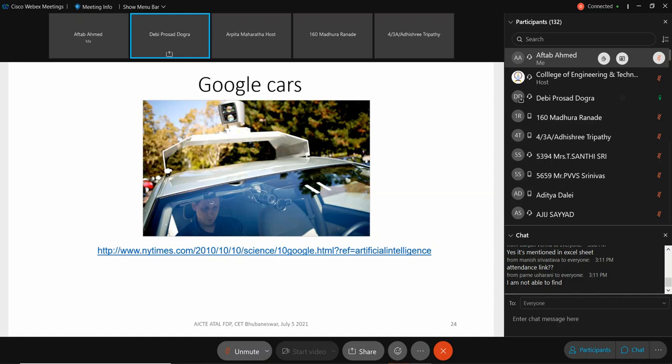Not only Google, Tesla also came, and many other car manufacturing companies are coming with good solutions, but no one is able to claim that this is going to be a 100% foolproof system which can run on any road. So it can be an assisted driving kind of thing, but it cannot be a complete self-driving car.